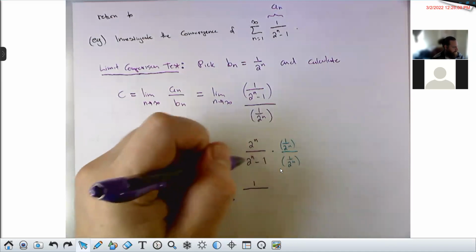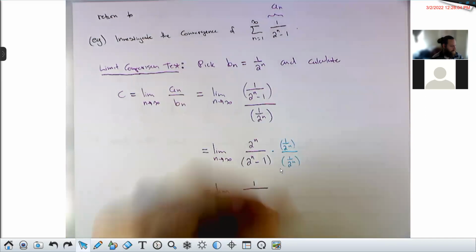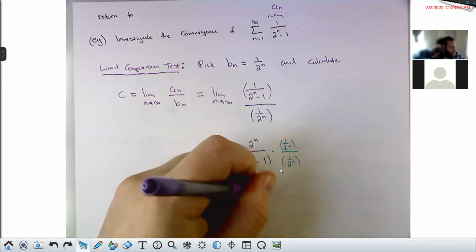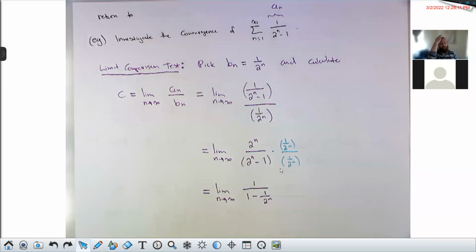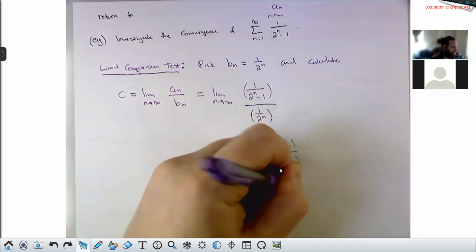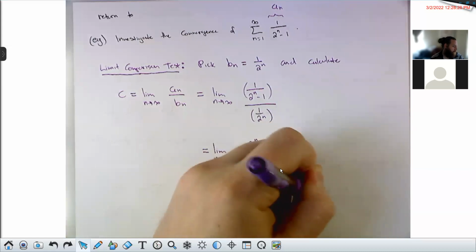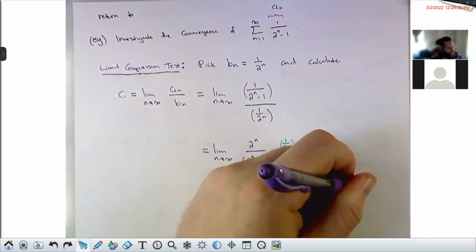Distributing 1 over 2 to the n downstairs, remember the top and bottom fractions always in parentheses. That would be 1 minus 1 over 2 to the n. As n goes to infinity, 2 to the n goes to infinity, so 1 over 2 to the n goes to 0. So this is 1 over 1 minus 0, which is just 1.